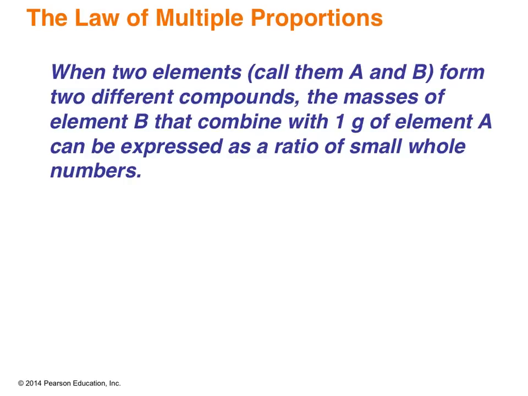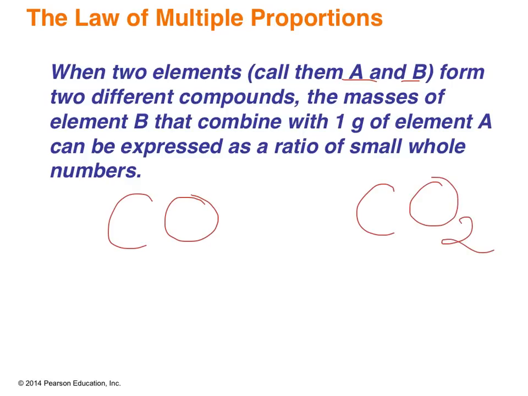When two elements, call them A and B, form two different compounds, the masses of element B that combine with 1 gram of A can be expressed as a ratio of small whole numbers. What does that mean? Take the example of carbon monoxide and carbon dioxide.